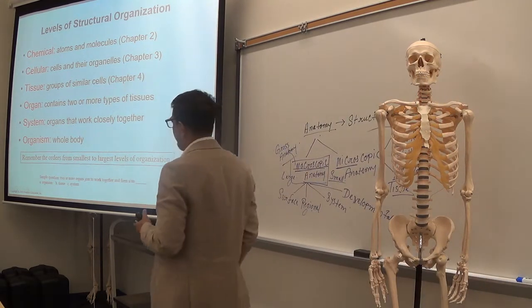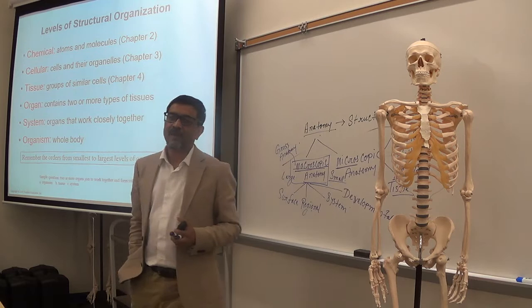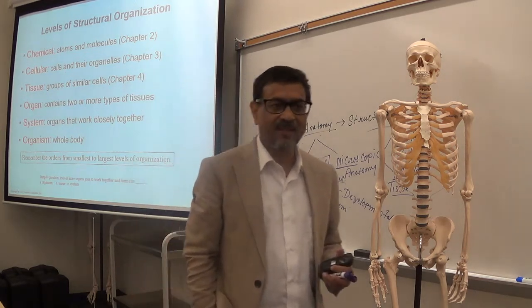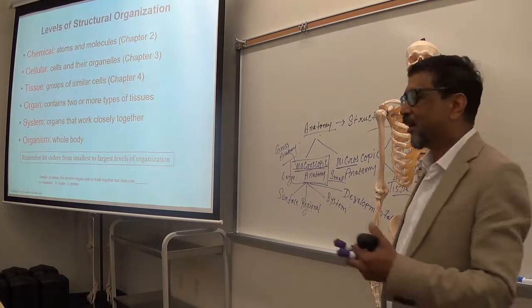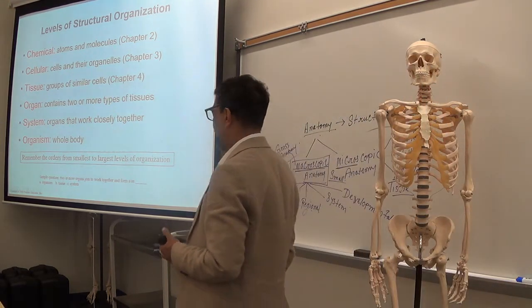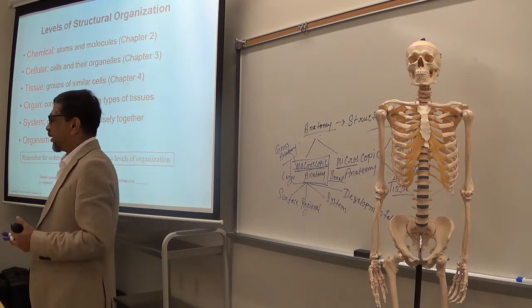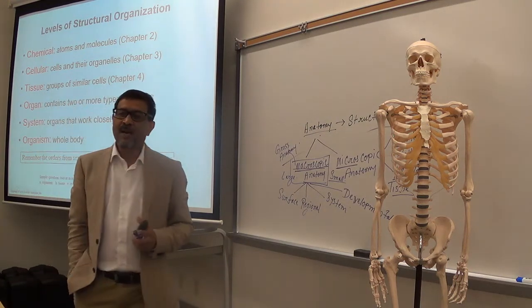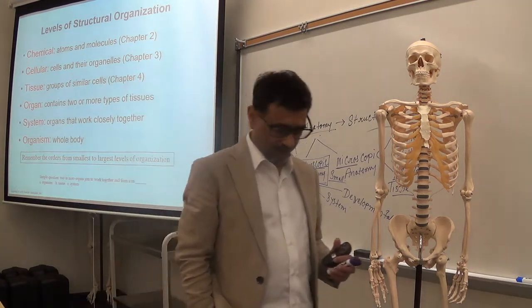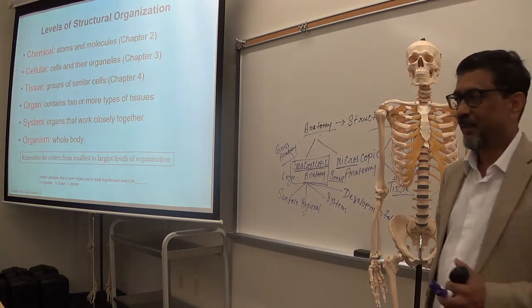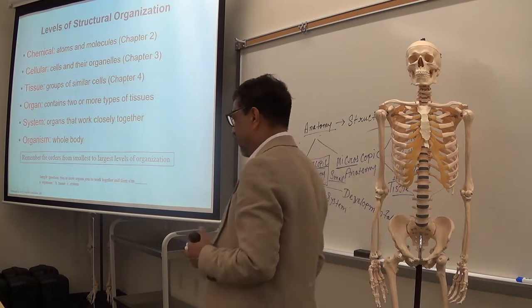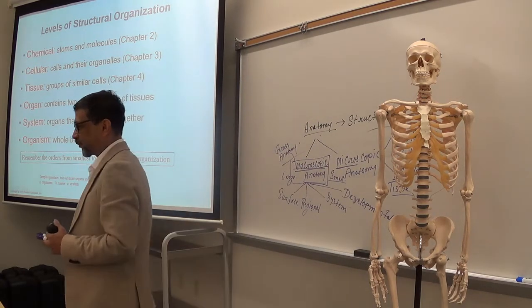The cellular level includes cells and organelles. Inside the cells, you have mitochondria, nucleus, endoplasmic reticulum; those are the organelles. Next higher is the tissue. Many similar cells group together to form a tissue.